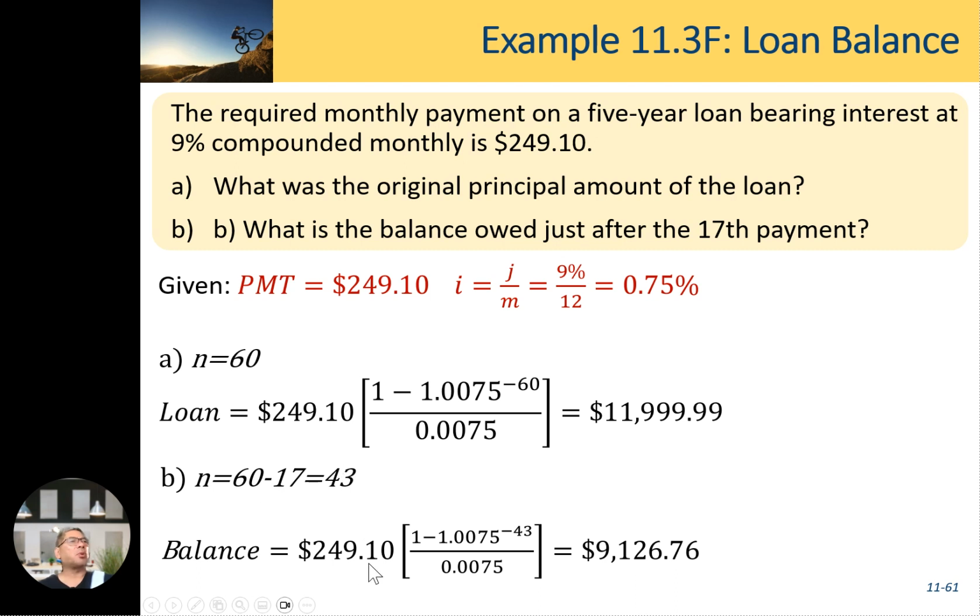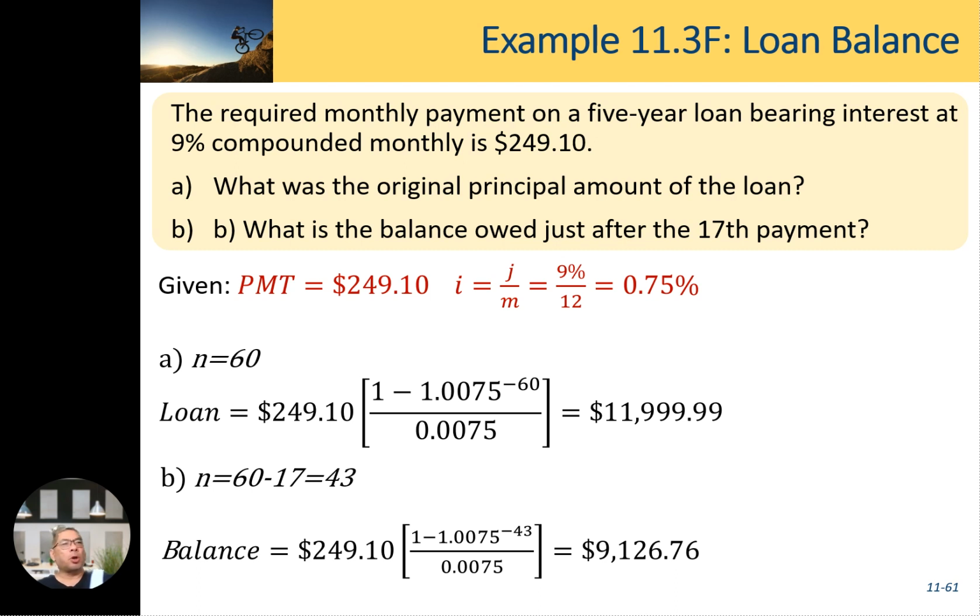So the balance will use 43 here. You get 9126.76. So guys, in this problem, the first n is 60, the second n after the 17 payments is 43, okay? So the balance will be 9126.76.